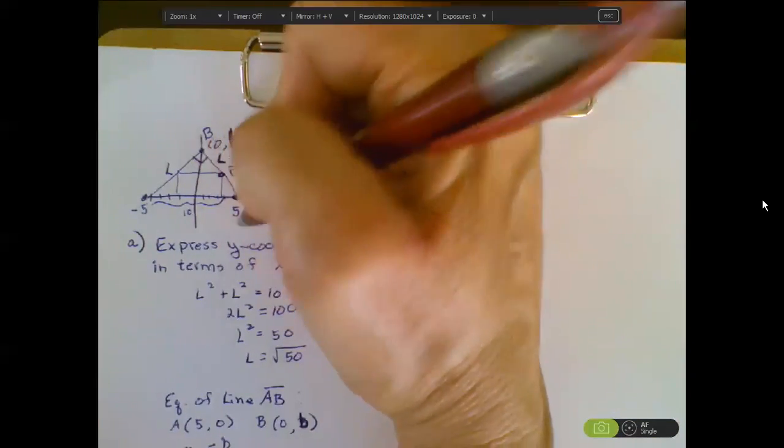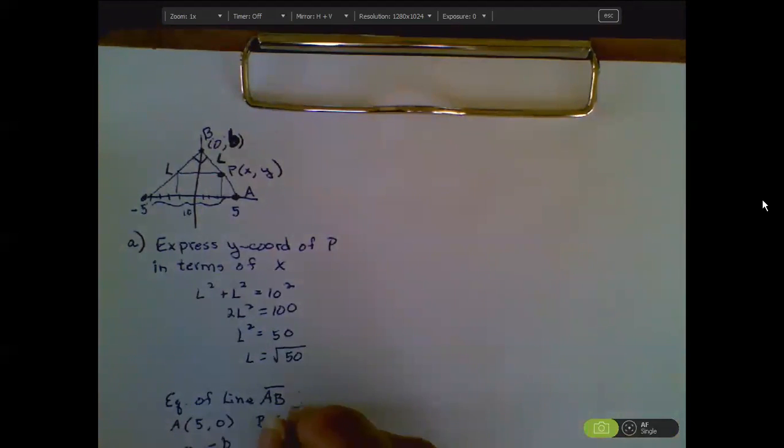So the slope of that line would be (b minus 0) over (0 minus 5). That's a negative slope because the right side of that triangle is going downhill. So the slope is negative b over 5, and the y-intercept, where x is 0, is b. So the equation of that line is y equals negative 1/5 b times x plus b.